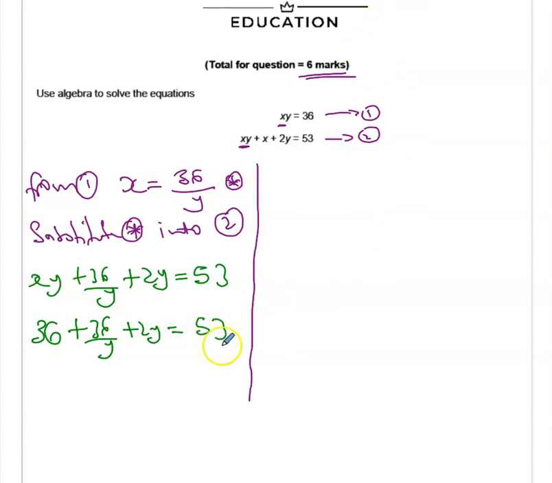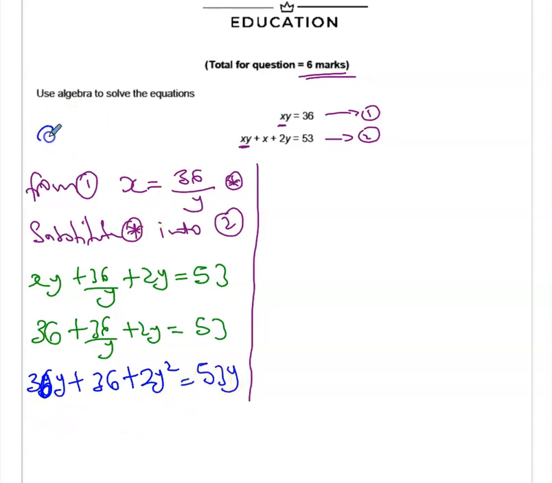What do we do next? We want to multiply through by our y in order to obtain a quadratic equation that then becomes easier to solve. So shall we do that? Multiplying through, we have 36y add 36 add 2y squared equal to 53y.